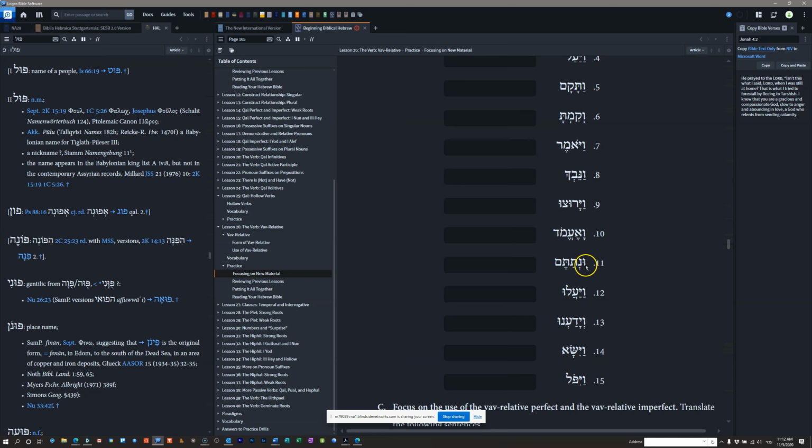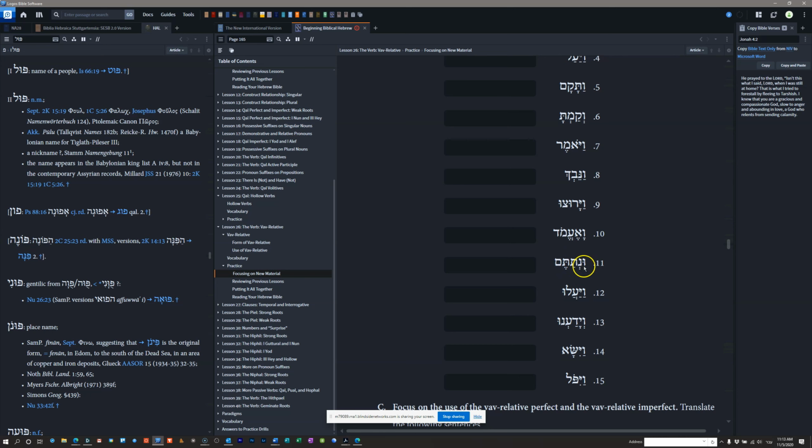I think this is a vav conjunction because I think the vav conjunction, when it precedes a letter with a shavah, is one situation in addition to bait, mem, and pay where there's a shurik, but I'm going to check on that real quick. So this is the perfect form because we've got a tem suffix. Tem is qal perfect 2MP. And it's on natan, but the final noon gets assimilated into the tem suffix.